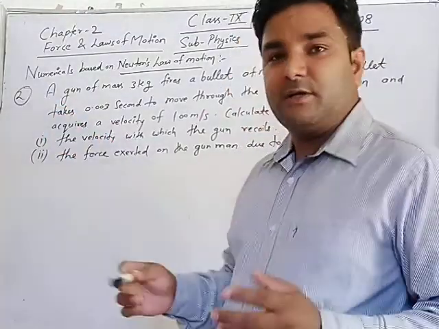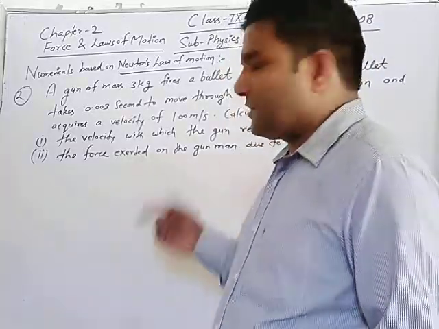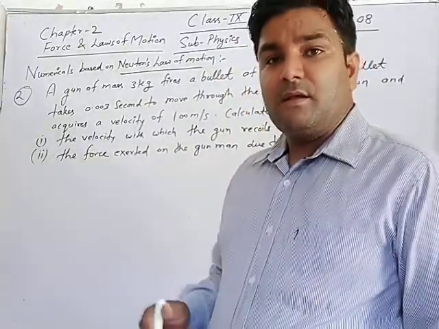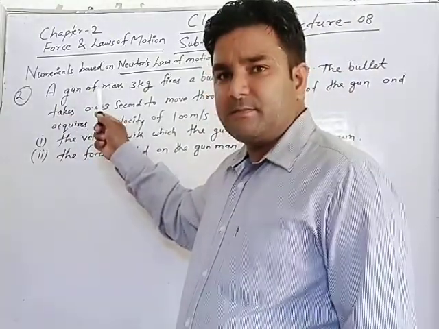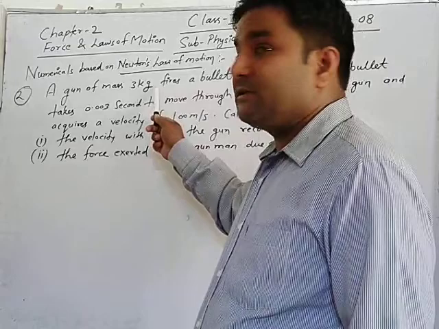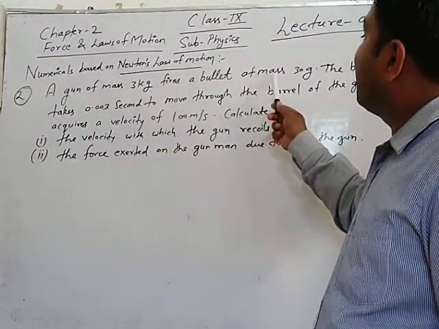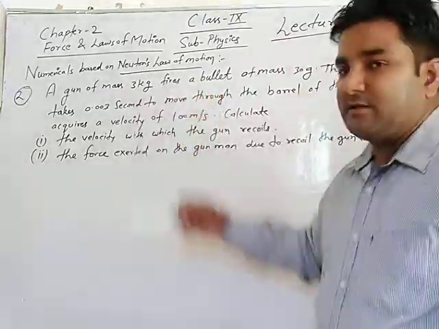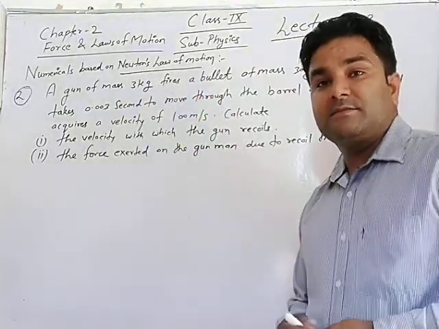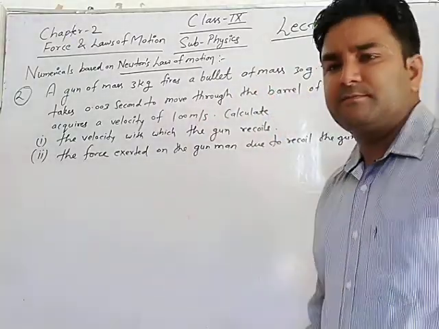We have to find out the retarding force, or we say the force of reaction. And here a gun of mass 3 kg fires a bullet of mass 30 gram. The gun is heavier, greater mass, and the bullet is of shorter size, least mass, that is 30 gram.